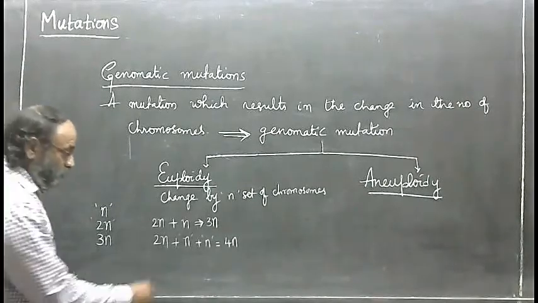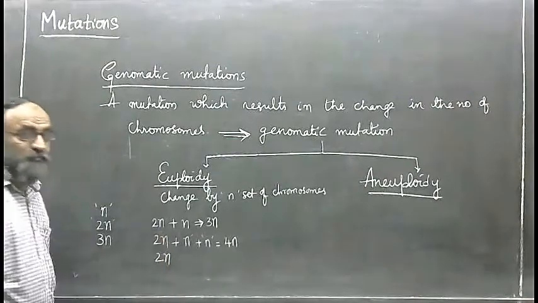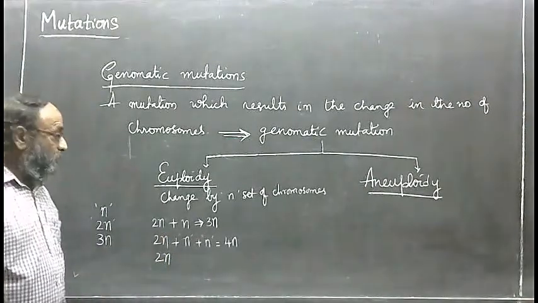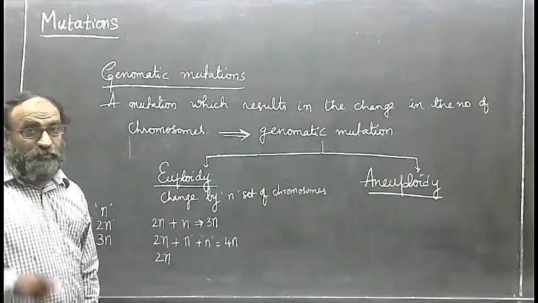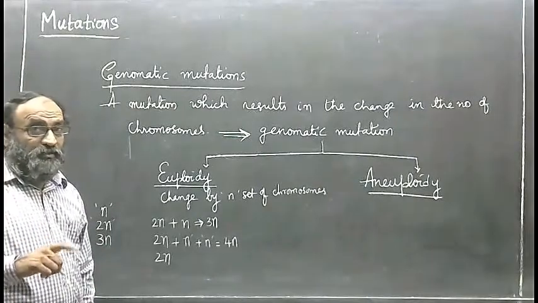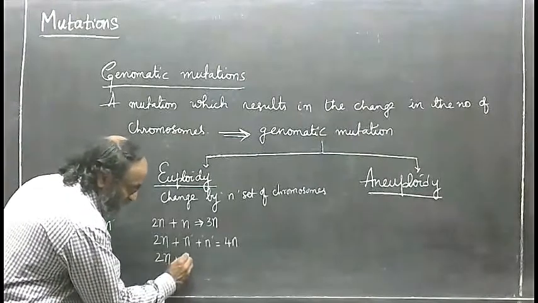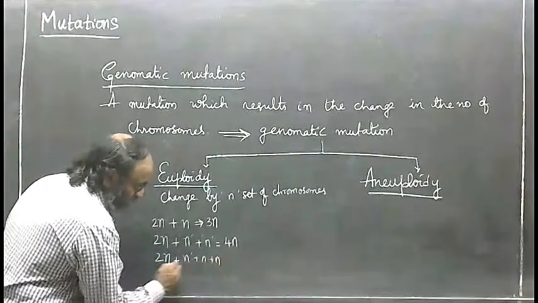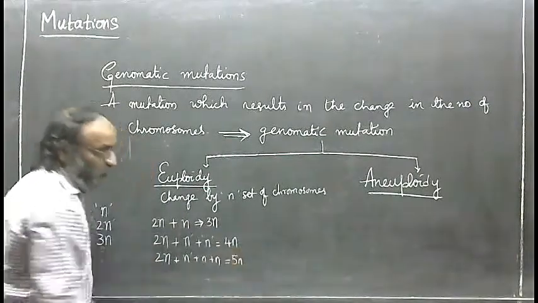Then there is initially a diploid condition, and a change in the number of chromosomes by n set 3 times, that is 2n plus n plus n plus n, equal to 5n. That is a pentaploid.